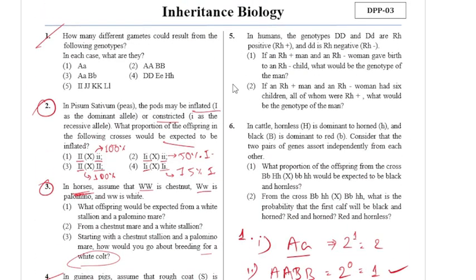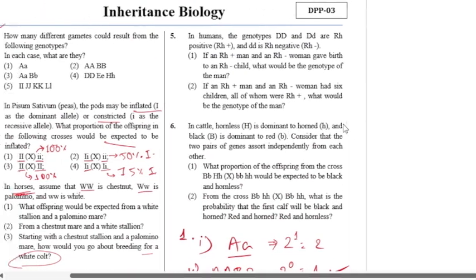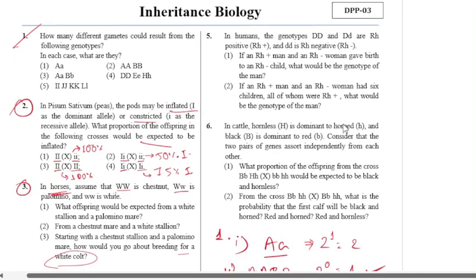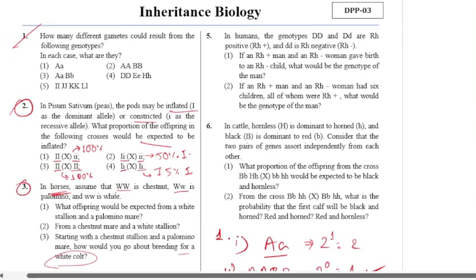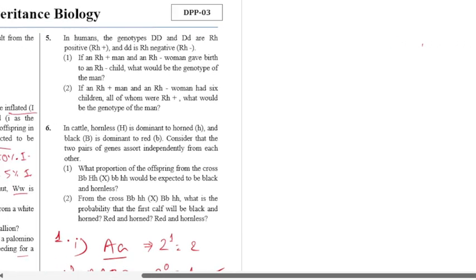In humans, the genotypes: capital D capital D, capital D small d, and Rh positive. If it is Rh positive, there are two kinds of genotype: capital D capital D, and capital D small d.